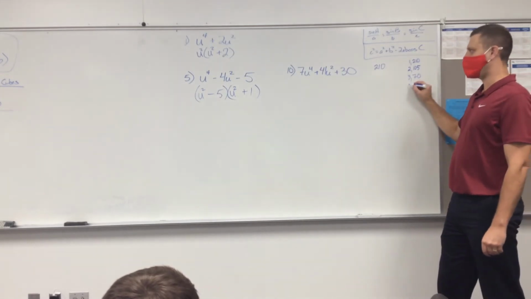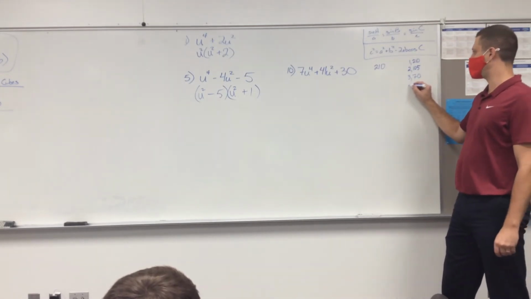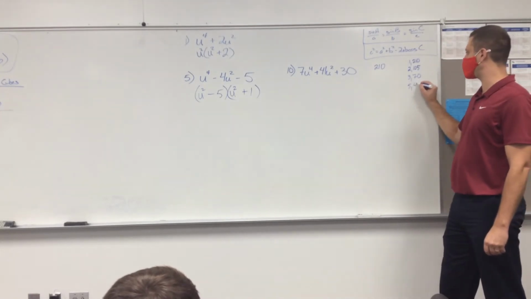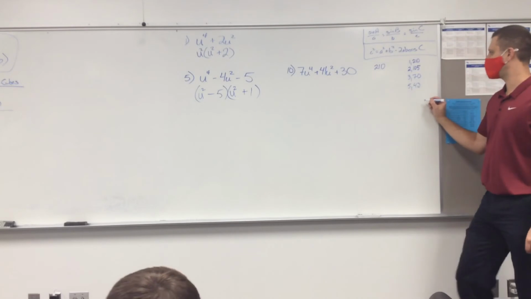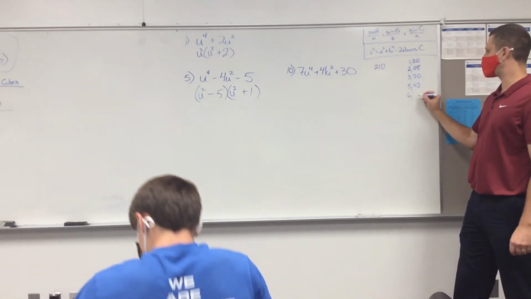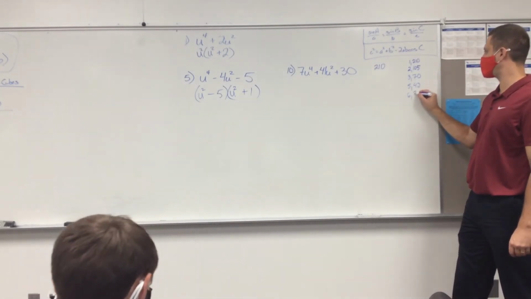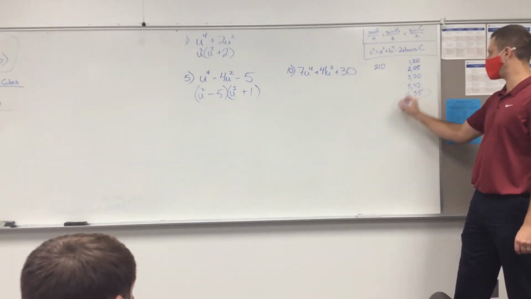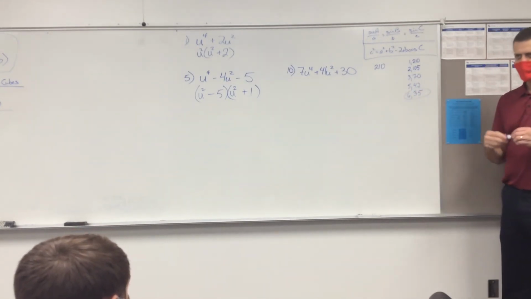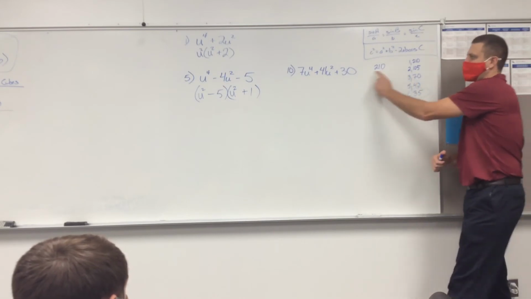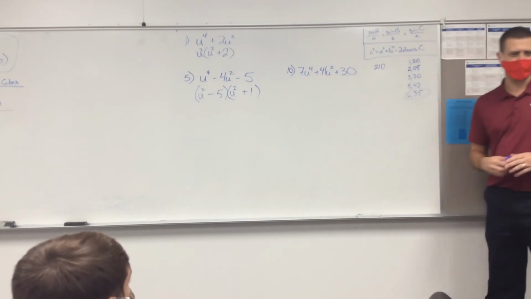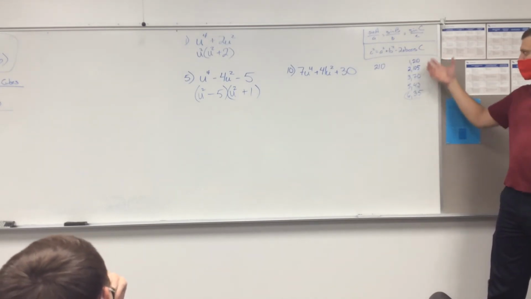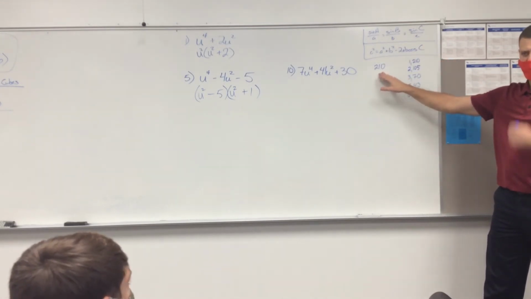Nope. 4 does not go into it. 5 does, 5 and 42. 6 does, 6 and 35. There's our winner, right? Those are the 2 numbers that multiply to 210 and add to 41. So that can be kind of challenging, especially when the numbers get big.